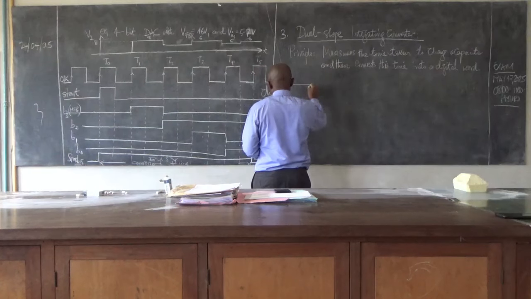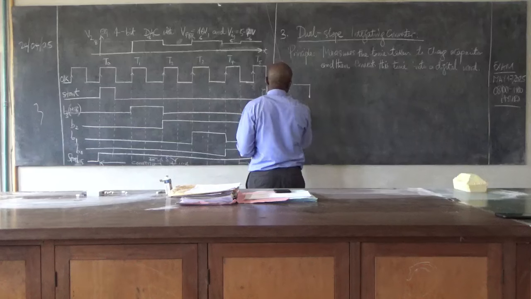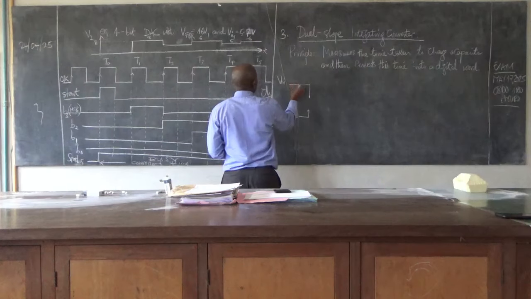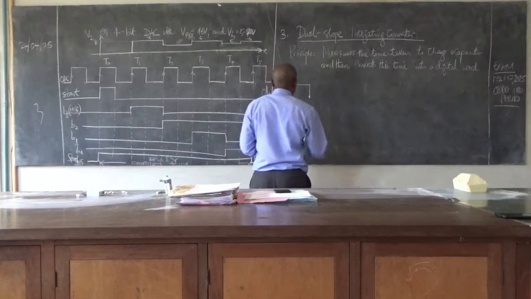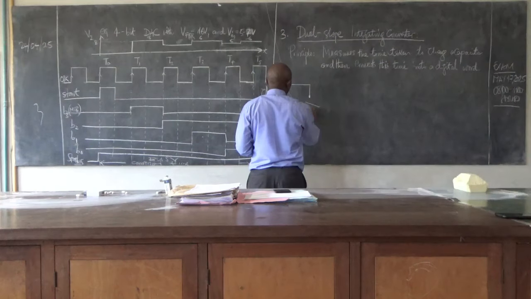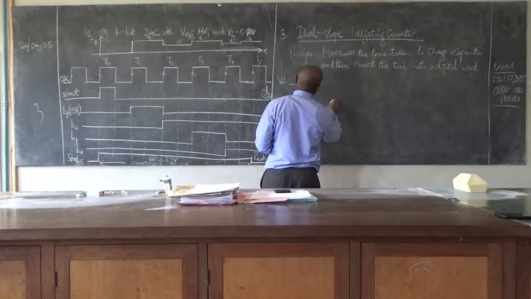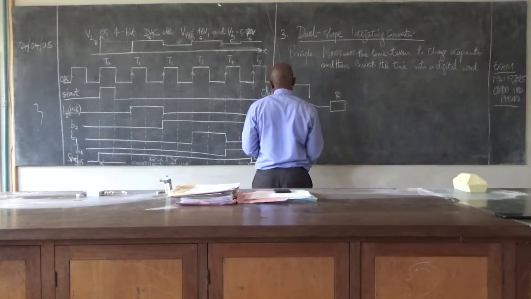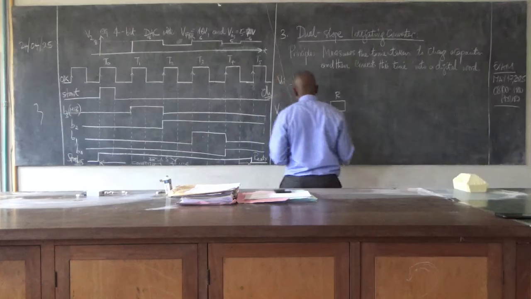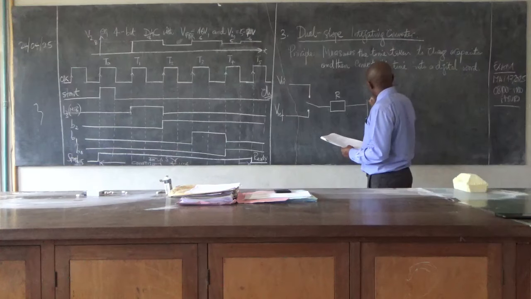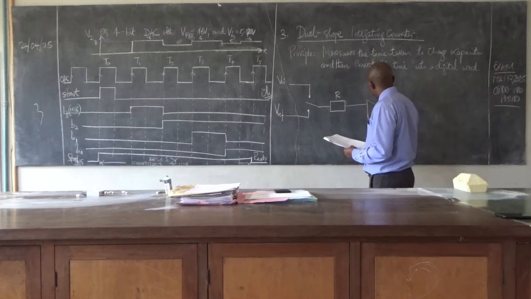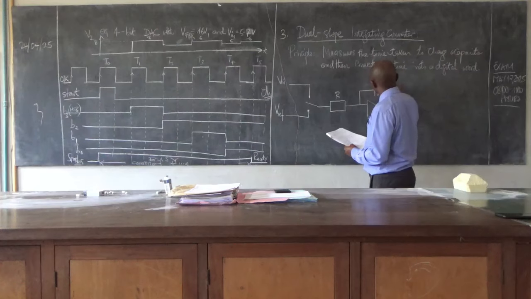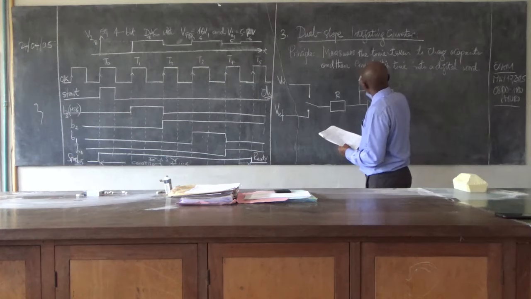So we have V in, this is V in, this is V ref, and then we have a two-way switch whereby we can charge through the resistor R. We can send this now to our operational amplifier, and then we have a capacitor, and we have a switch so we can bypass it.